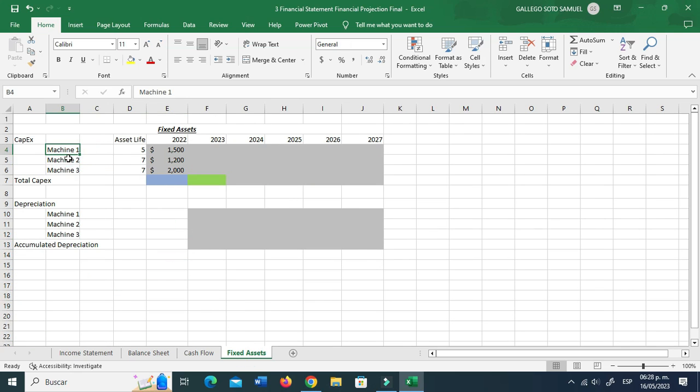So we have these three machines that we're going to need for this project, and the asset life is going to be 5, 7, and 7. You can change that every time you want. We're just going to add this up, sum, yeah, that, and then we're going to drag it to the right, just in case you wanted to add an additional machine, so you get that.